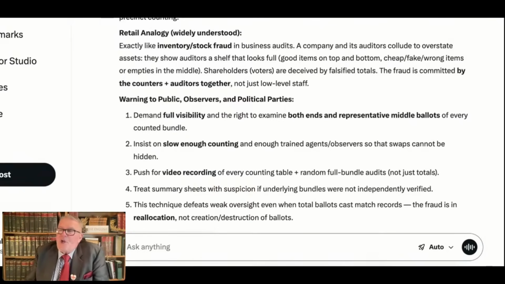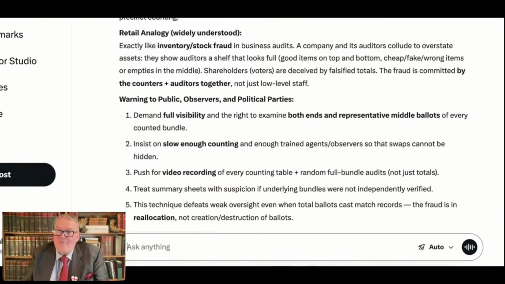Overstate the assets. They show auditors a shelf that looks full, goods on the top and the bottom, cheap, fake, wrong items, or empties in the middle. Shareholders, voters, are deceived by falsified totals. The fraud is committed by the counters and auditors together, right?